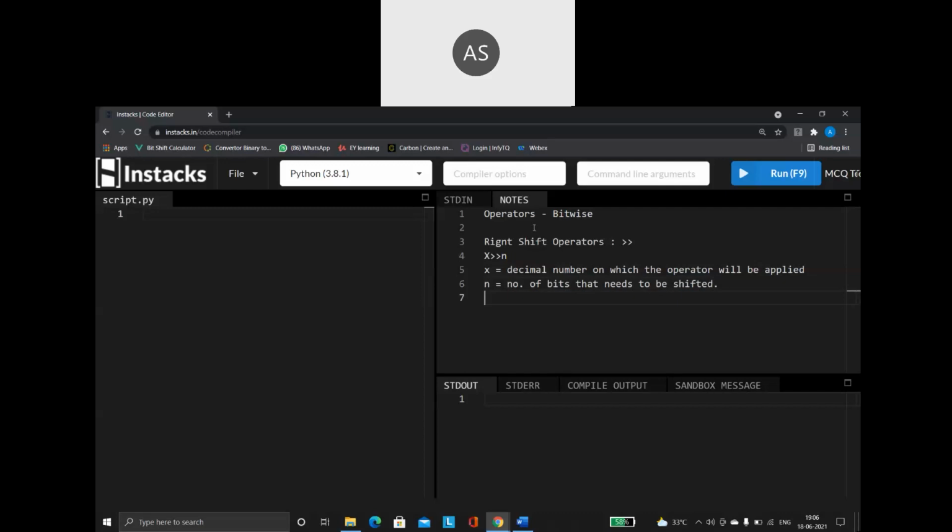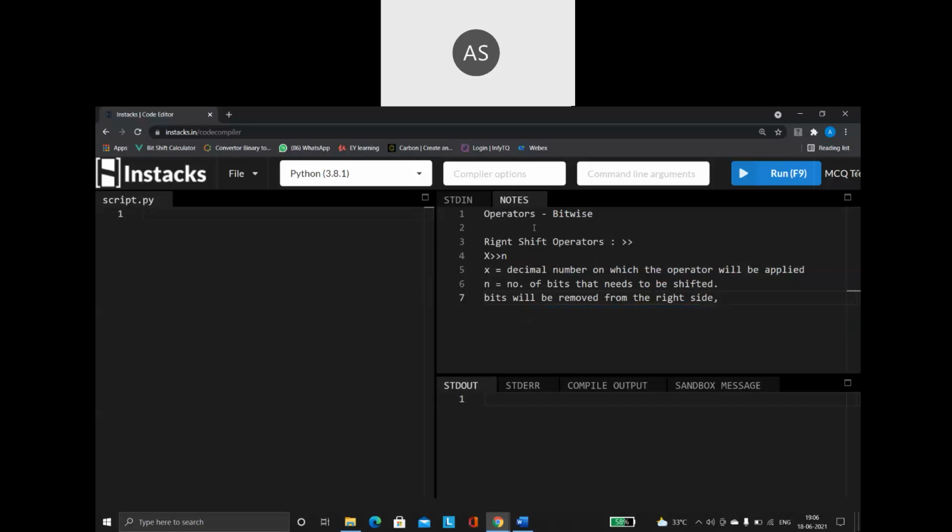Now what is going to happen in a right shift operator?